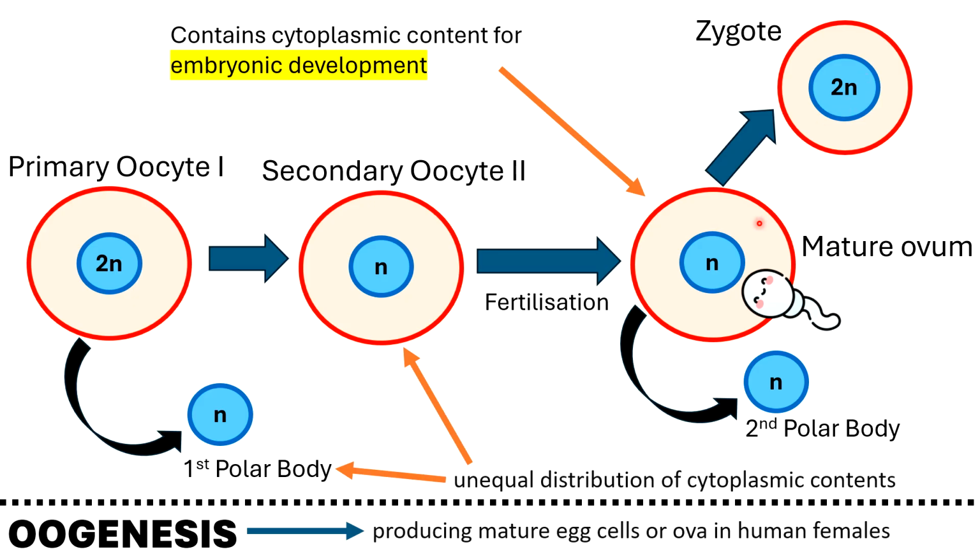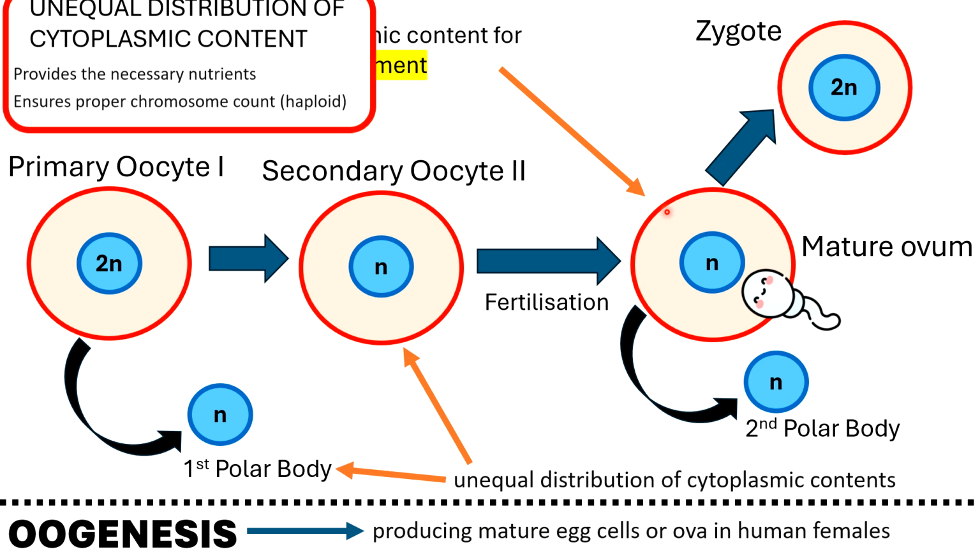And we know that the zygote turns into the embryo, and that turns into X, that turns into Y, and eventually you get the fetus and the baby forms. Okay, so this is how you were born, ladies and gentlemen.